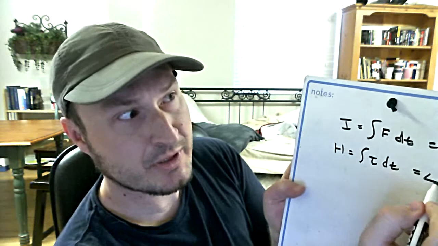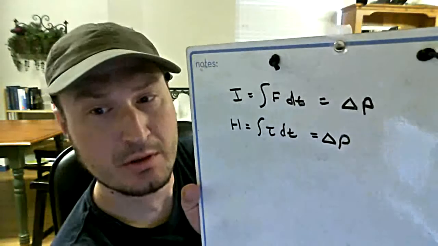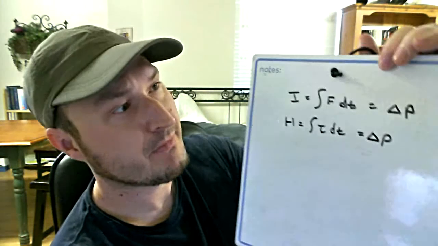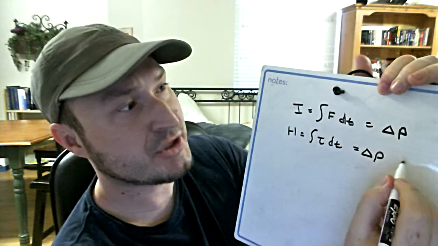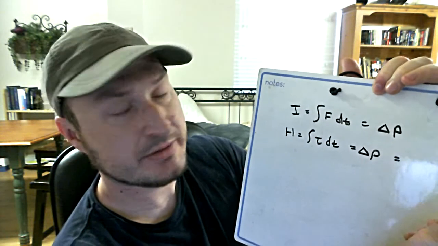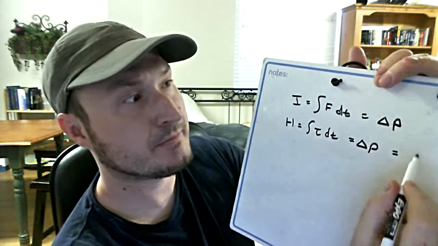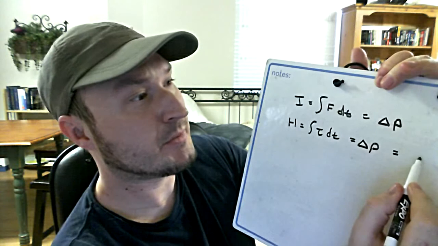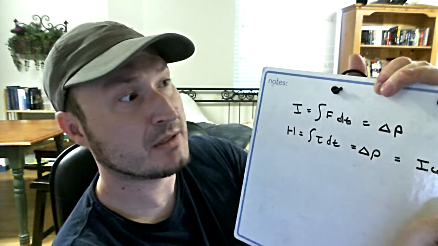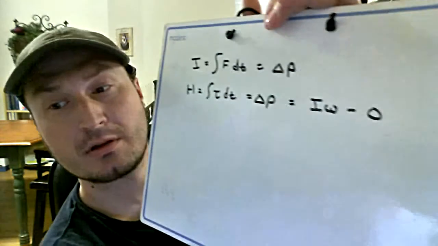Why don't I use rho here, Greek letter rho, for the change in angular momentum. And the change in angular momentum is actually really easy to get. It's just the final angular momentum minus the initial angular momentum. So the final angular momentum is going to be I omega, and the initial angular momentum, because it's at rest, is going to be 0. Okay.